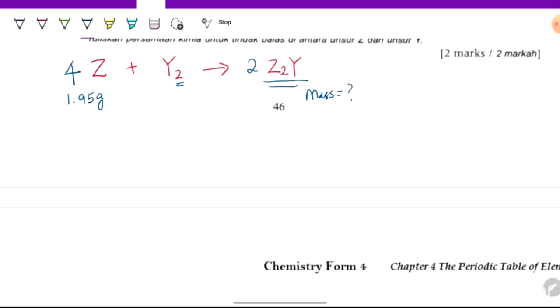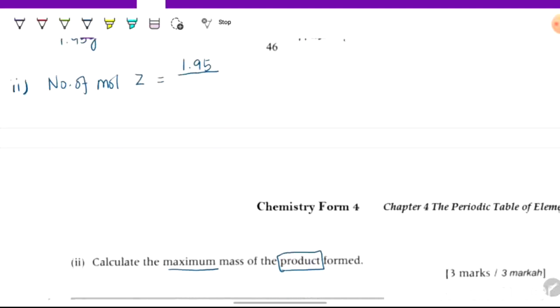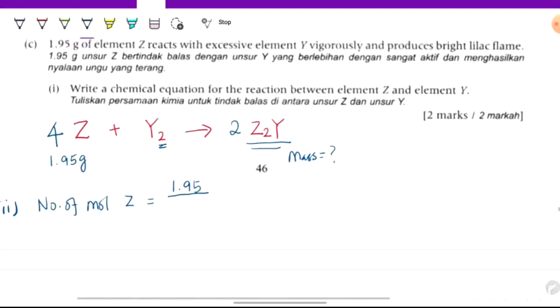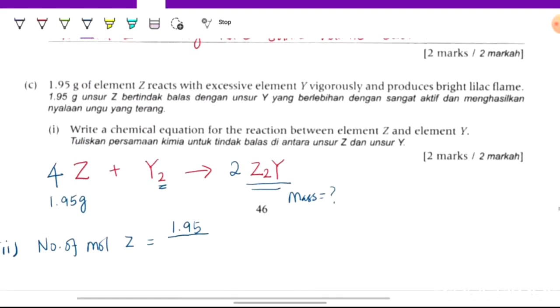Okay, question number 2. First step, we have to do the number of mole for Z. We use mass over molar mass: 1.95 over the molar mass for Z. It should be given, no?